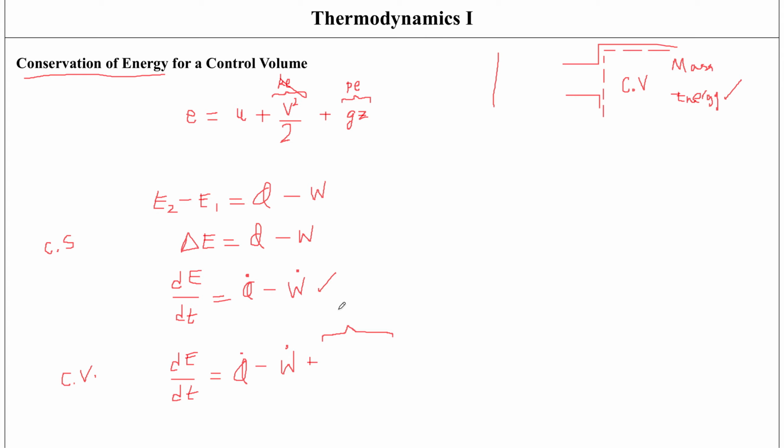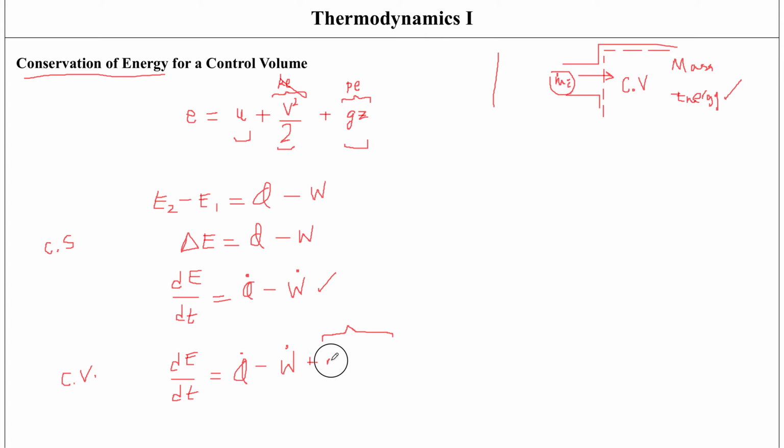If mass is incoming somewhere here, and I represent that mass flow rate by m dot i, then I would have an additional component accounting for the rate of transfer of the internal energy, kinetic energy, and potential energy of this incoming mass.